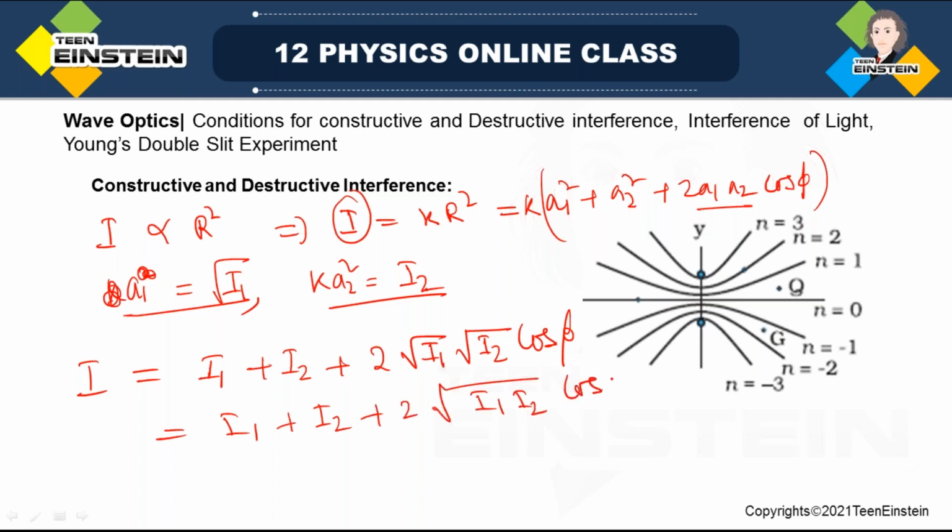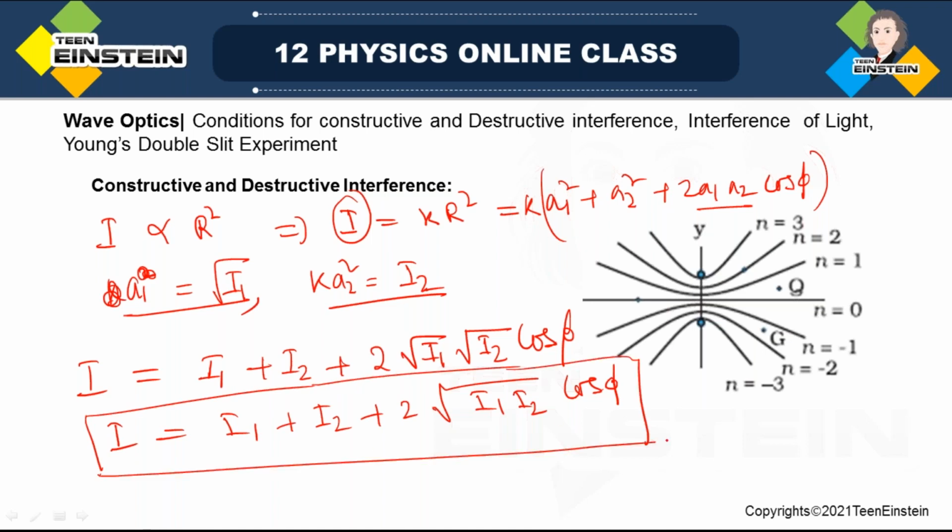So this is the general expression for the intensity of the superposed waves, when two waves superpose.